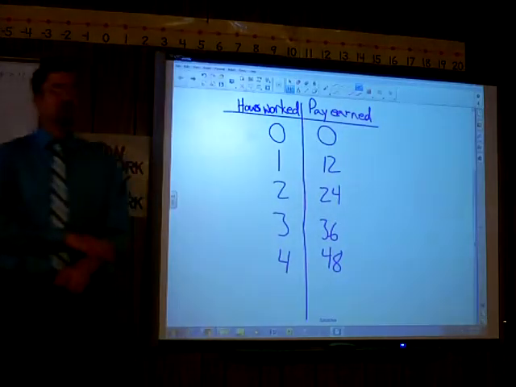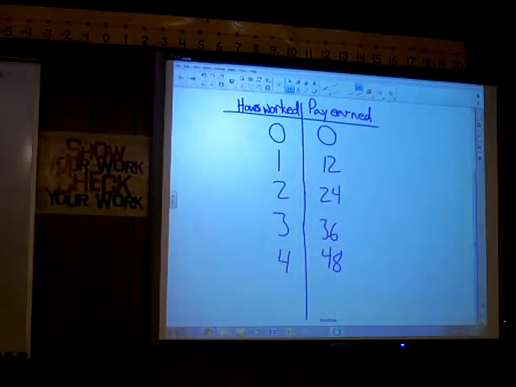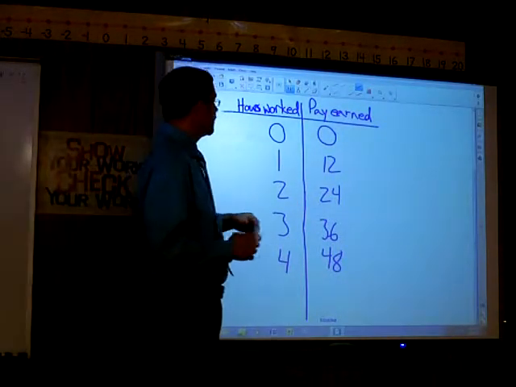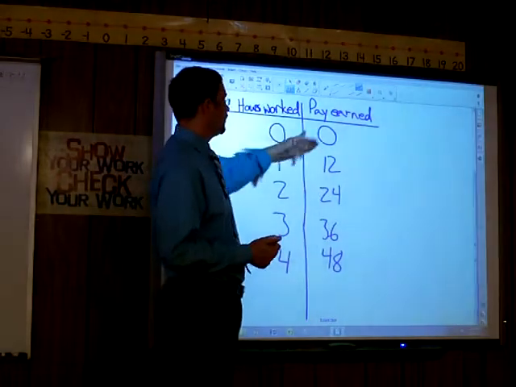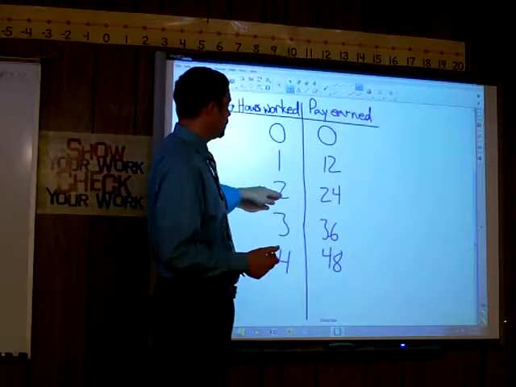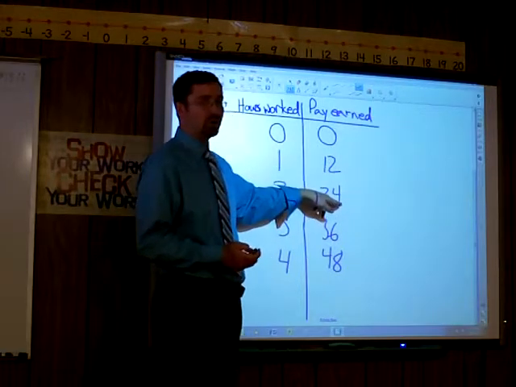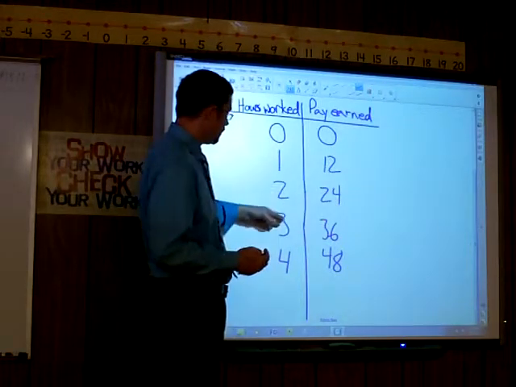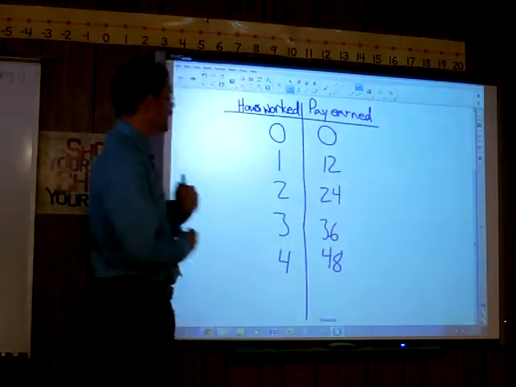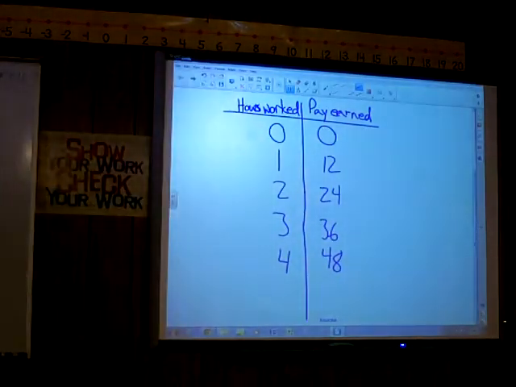Right? That's not what we're talking about with directly proportional. However, they're going up in the same proportion. All right? In other words, when this went up 1, this went up 12. And then when this one went up 1 more, this one went up 12 more. When this one went up 1 more, this one went up 12 more. And so forth, okay? It's going up in the same proportion.